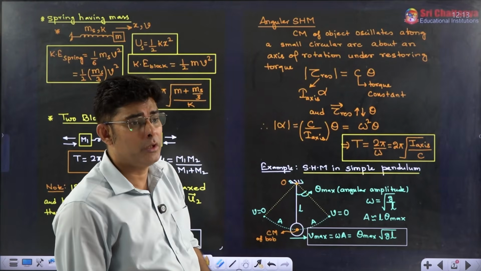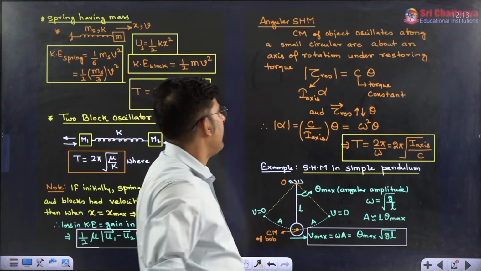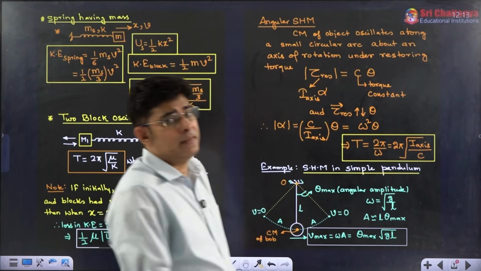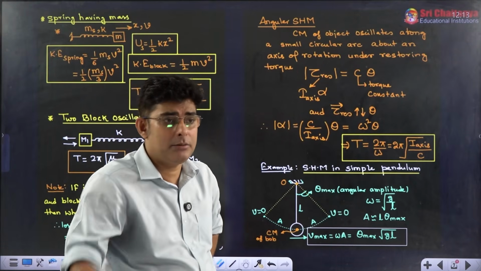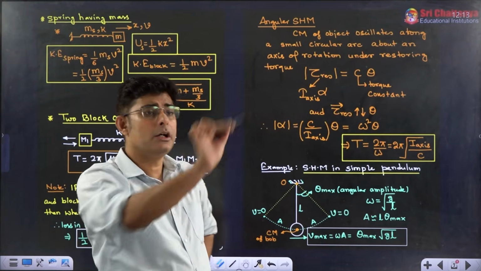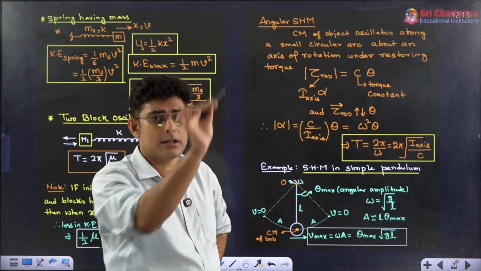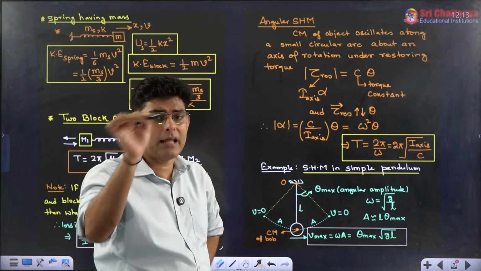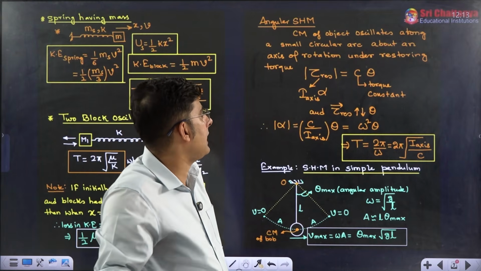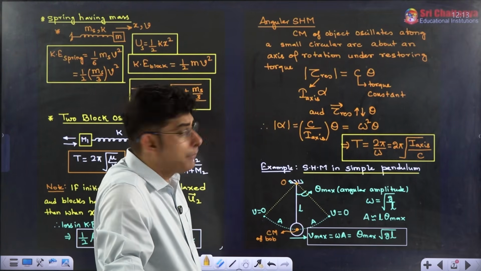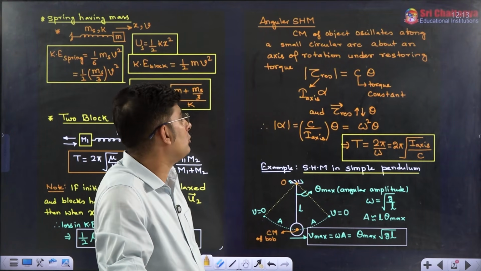Next we come to what we call angular SHM. In angular SHM, the center of mass of the body moves along a circular arc to and fro, subtending a small angle about the axis of rotation, under the influence of a restoring torque.